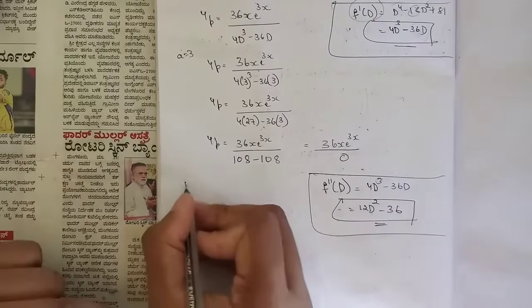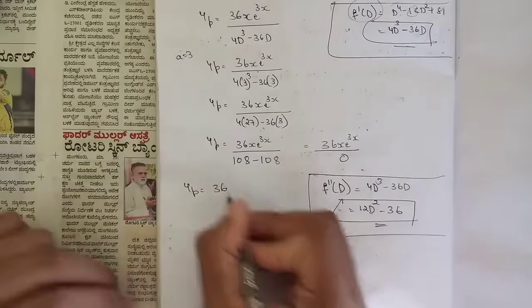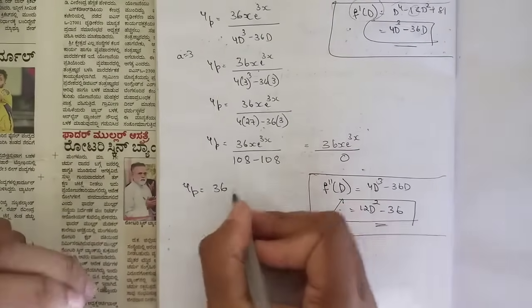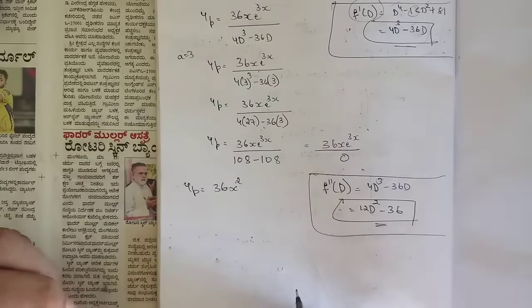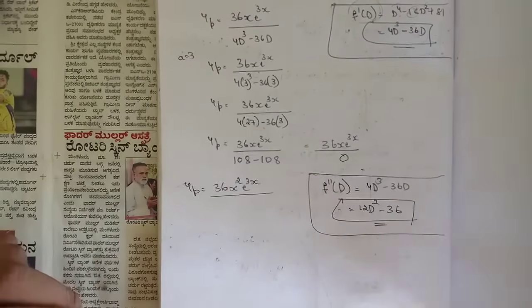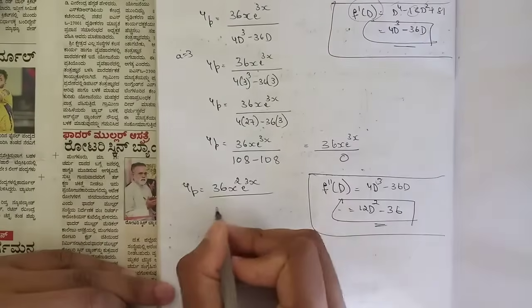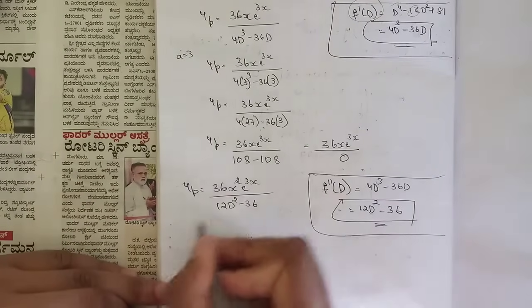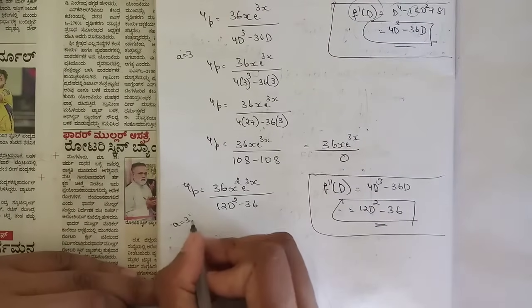So y of p would be 36 into, now x was there in the numerator, so we took another derivative, so it will be x square, into e power 3x divided by 12d square minus 36.